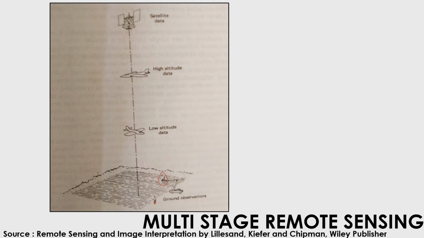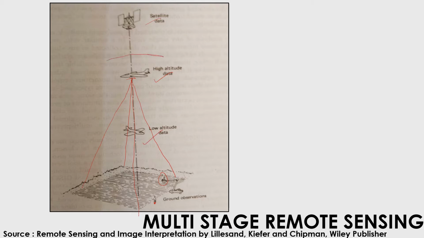High altitude planes with a camera fixed in the belly also capture these images from a remotely placed location, because this plane is placed far away from the field, and it is observing the field by a camera fixed in the belly of the plane, whether it is high altitude, low altitude, or satellite.